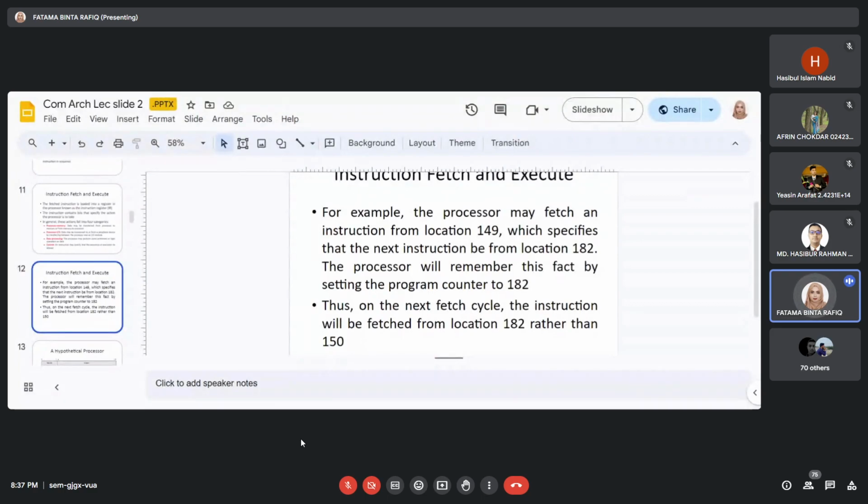as it is running location 149, the next in sequence is 150, so it will run 150, as we have discussed, it will maintain every sequence. But if it gets any instruction from the instruction buffer, then what will it do?